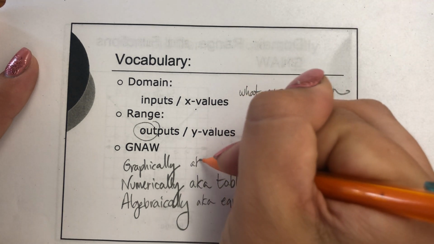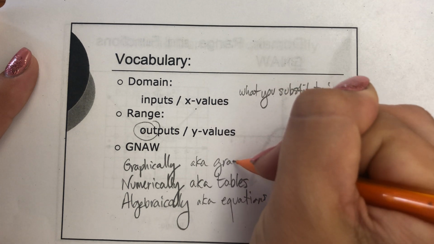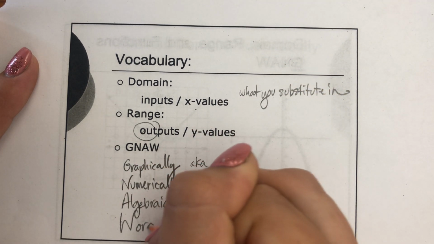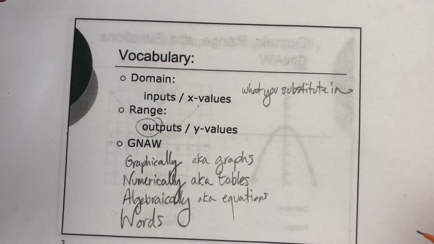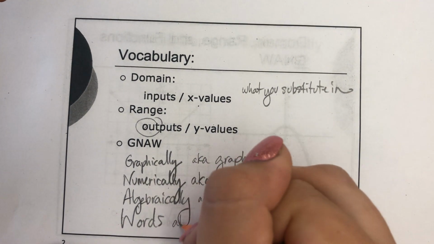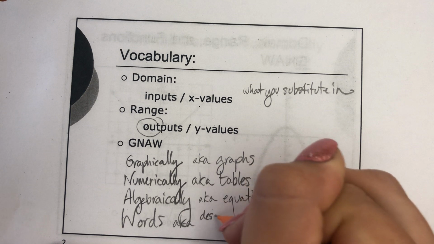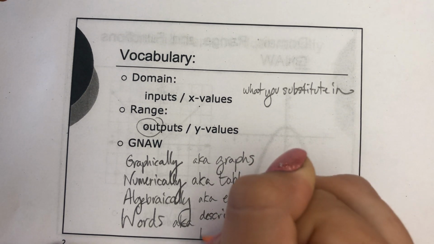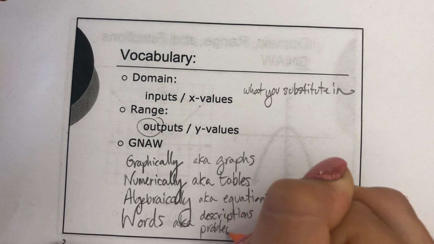Graphically would be graphs. And then W would be words. Words would be both descriptions of the function, and word problems.